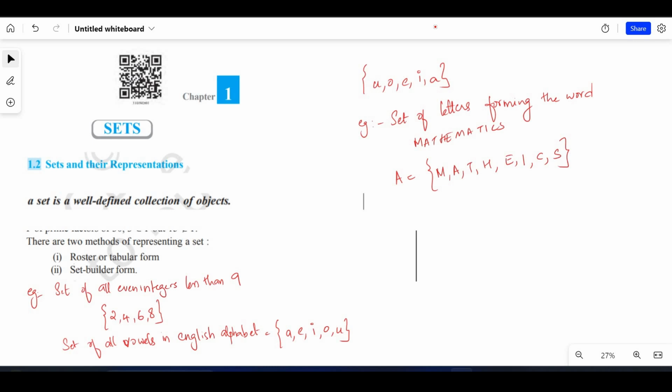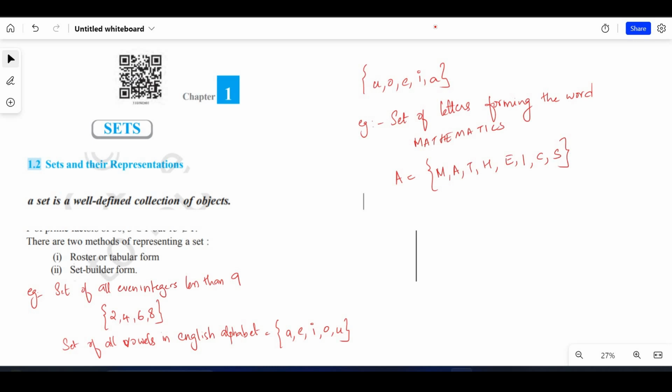So in this form, we cannot generally see elements getting repeated in this roster form. So elements are actually distinct, but all the elements will be listed. The order in which the elements are placed is immaterial, but the elements do not generally repeat.